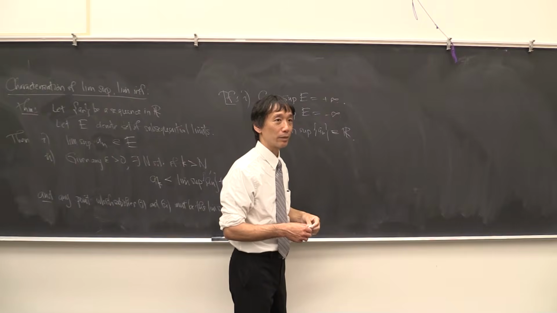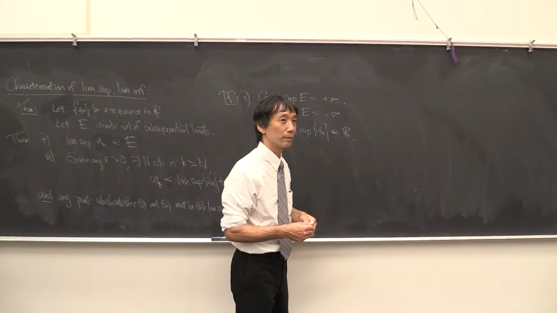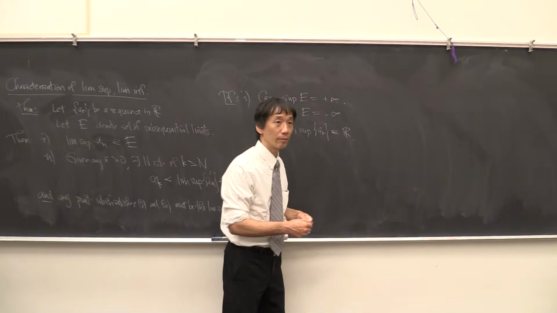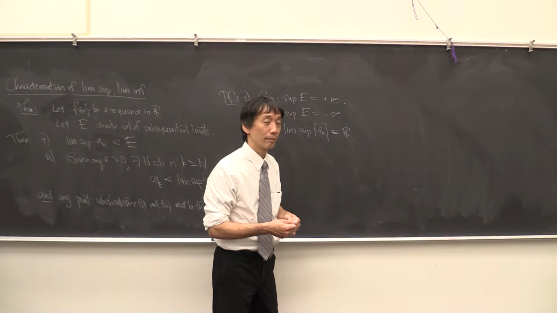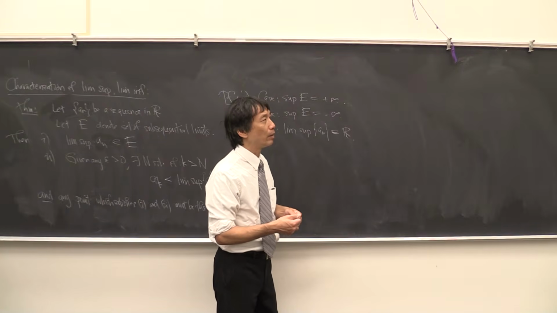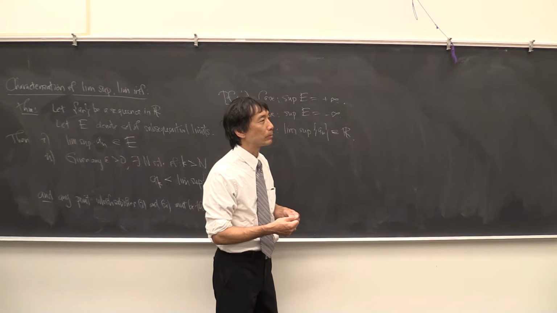Yeah, Rishi. So is it the case that if all we knew was that our subsequential limits just went arbitrarily high, that we could then construct a new subsequence that went off to infinity? Like if we didn't know that E contained infinity, but we knew that it went arbitrarily high such that its supremum would be positive infinity.